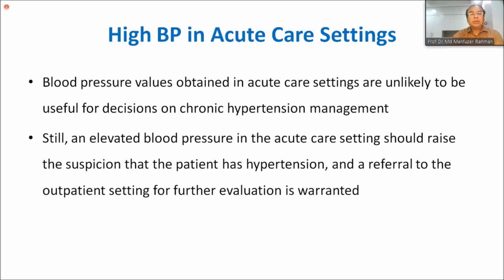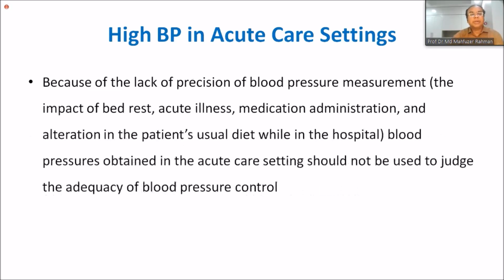Rather, he should be advised to measure blood pressure in the outpatient setting to establish the diagnosis as hypertensive, normotensive, or prehypertensive. Because of the lack of precision of blood pressure measurement, like the impact of bed rest, acute illness, medication administration, and alteration in the patient's usual diet while in hospital, blood pressures obtained in the acute care setting should not be used to judge the adequacy of blood pressure control.